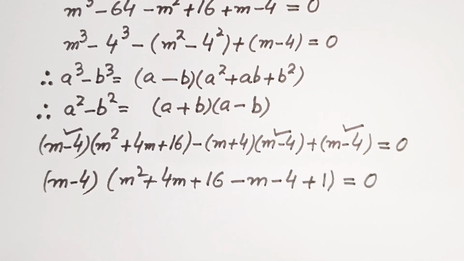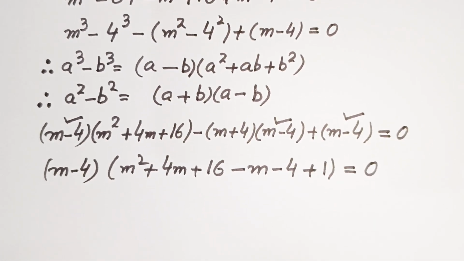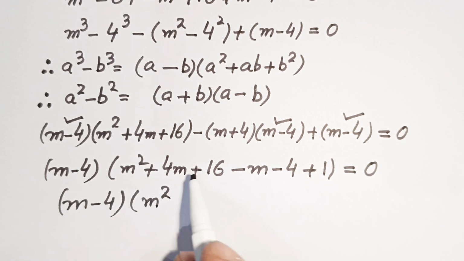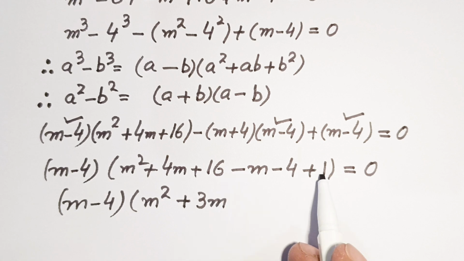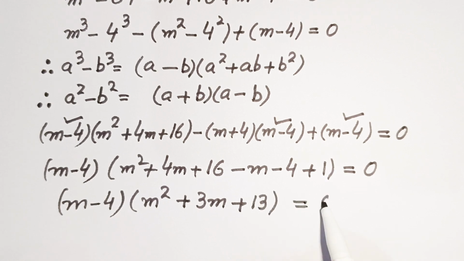So now our next step is (m − 4)(m^2 + 4m − m, which gives plus 3m, + 16 + 1, which is plus 17, minus 4, is plus 13), that is equal to 0.